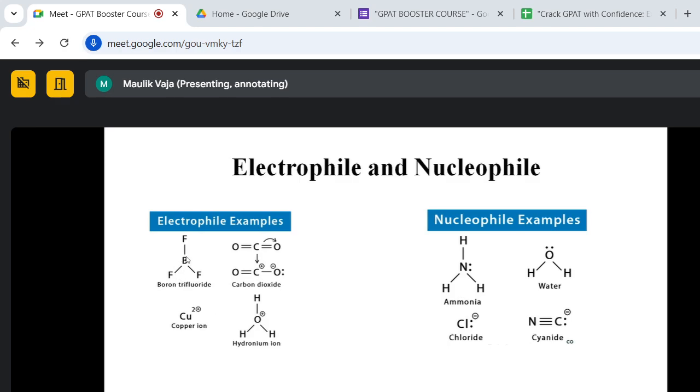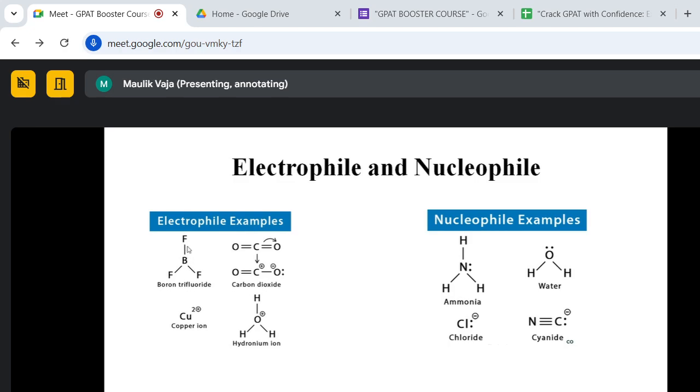Another thing is an atom which has a low amount of electrons. Here I gave the example of BF3, boron trifluoride, where 3 fluorine atoms are attached. Fluorine is the most electronegative atom, and that's why fluorine pulls electrons towards itself from boron.